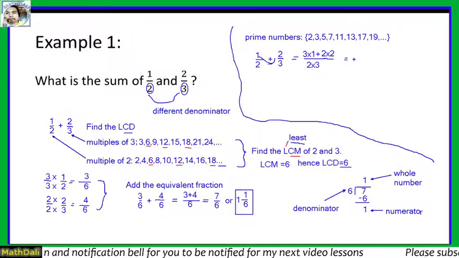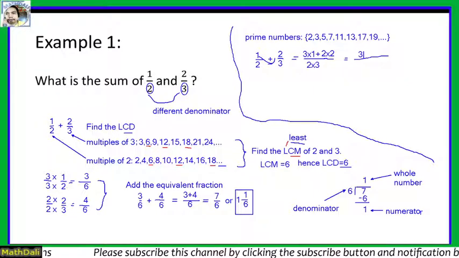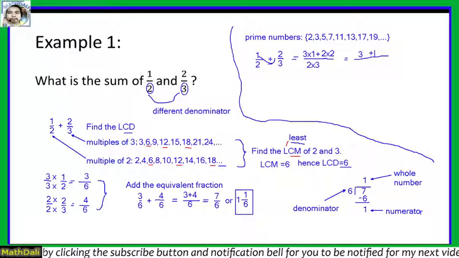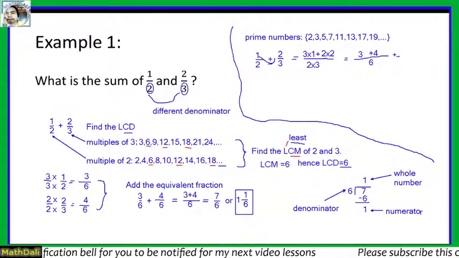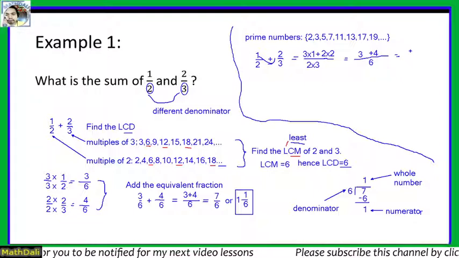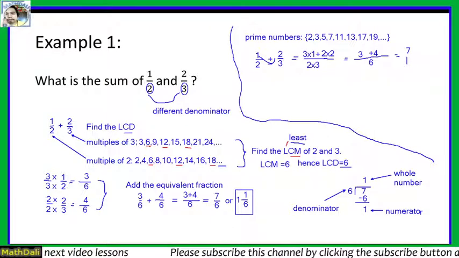Anyway, pinapakita ko lang yung solution dito. Itong 3 dito, ito yung ating denominator. So, 3 times 1, that is equal to 3. Then, 2 times 2, that is equal to 4. So, lagay natin dito. Is positive 4. Then, yung denominator natin, 2 times 3, that is equal to 6. Then, simplify natin to. 3 plus 4, that is equal to 7 over the denominator, that is 6.